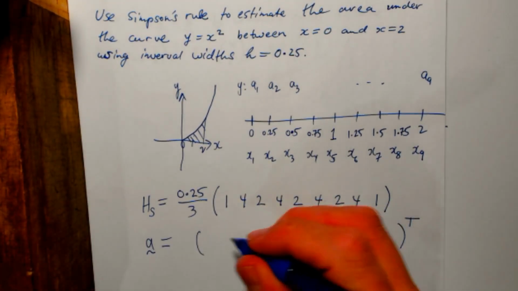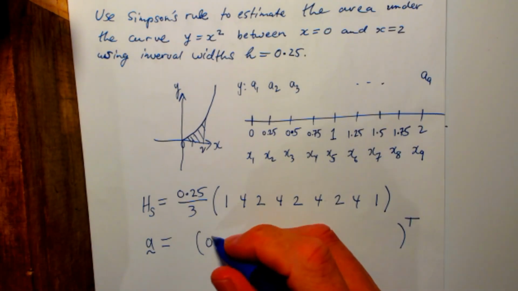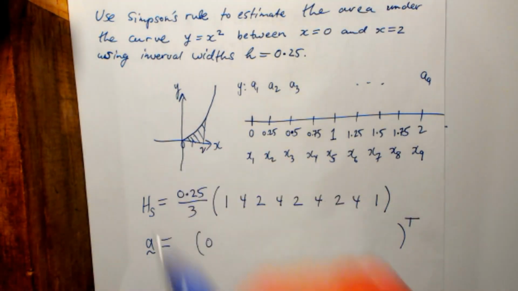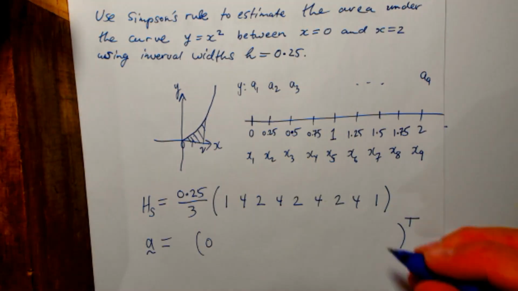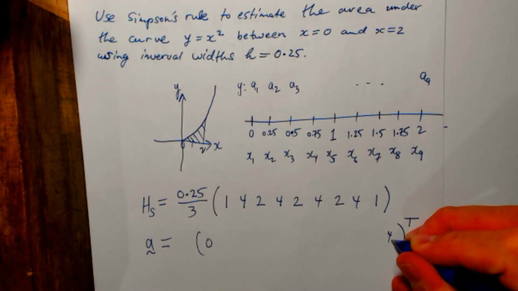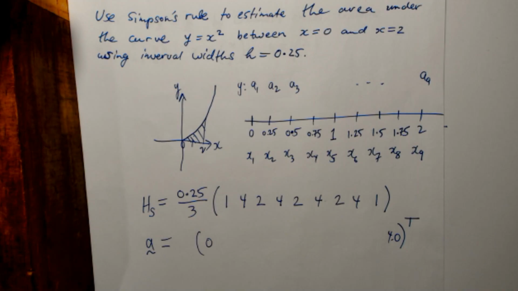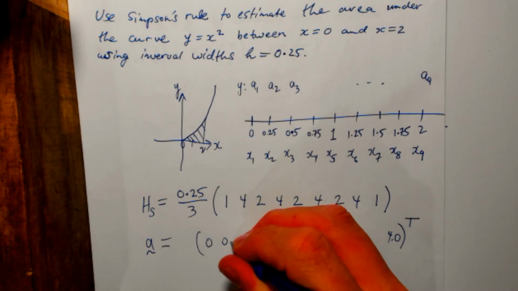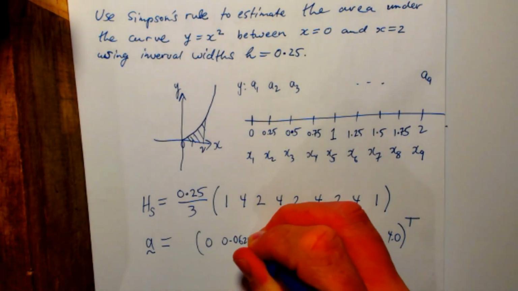So now the y values, so y at 0 is 0, y at 2 is 4.0. Okay, but in between we evaluate y of 0.25, so 0.25 squared, that's 1/4 squared is 1/16, which is 0.0625.